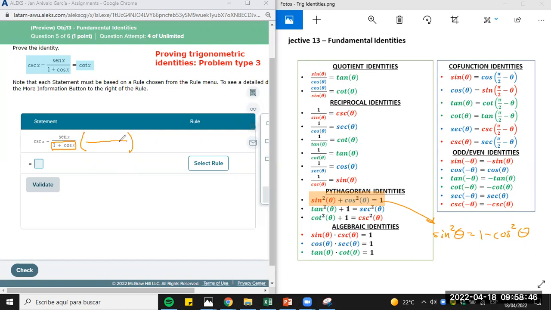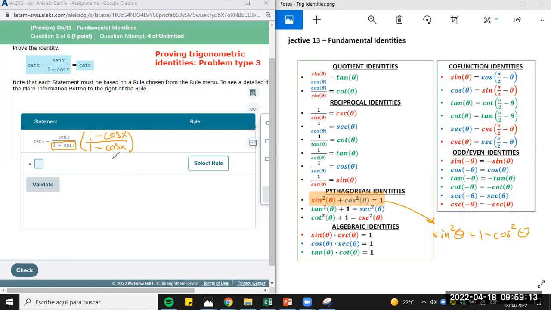It can be in many shapes, but it will be 1 that is convenient for us. It will be 1 minus cosine divided by 1 minus cosine. Do you agree that dividing this thing over itself equals 1?